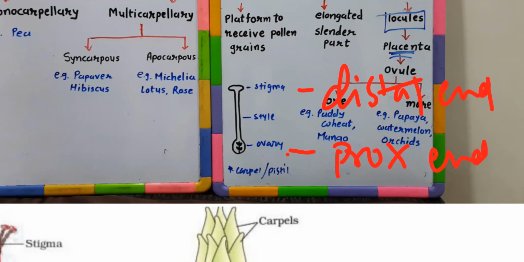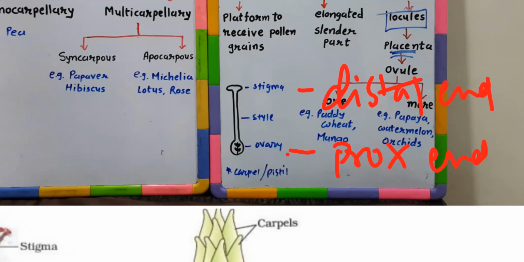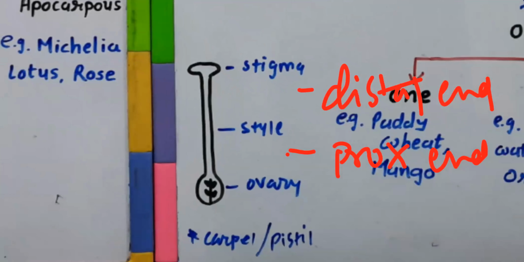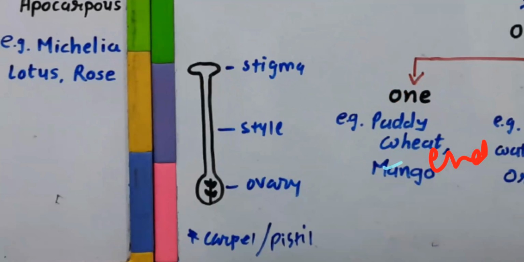The stigma is a flattened structure, a platform to receive the pollen grain. This is the one on which pollen grains will be received. So that is a very important component of the carpel. Then comes a long, slender, thin tubular structure that is called style.